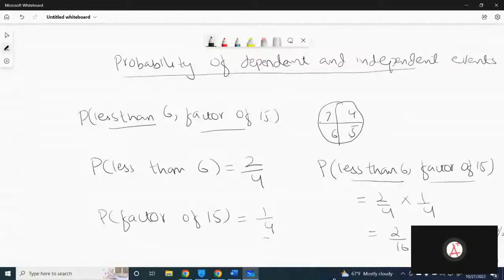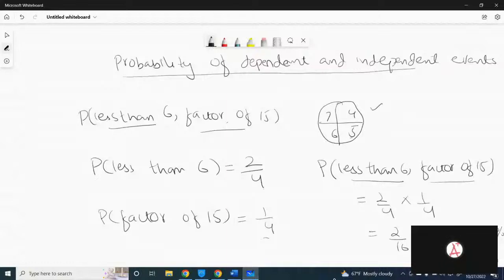On this spinner, you have four numbers: 7, 4, 6, and 5. Both the events are independent because the outcome of the first doesn't affect the outcome of the second one.